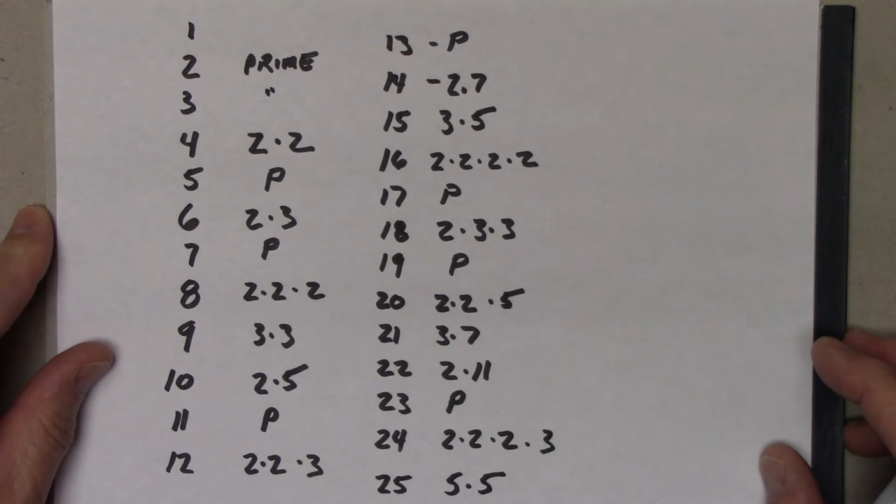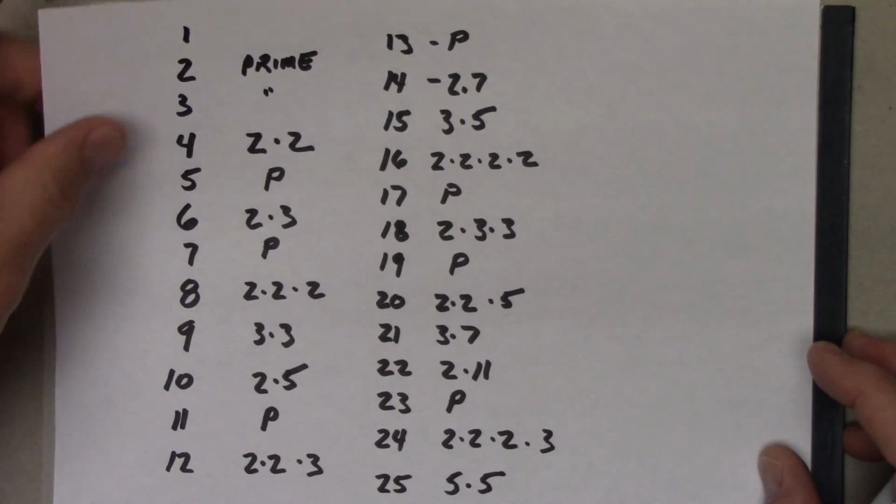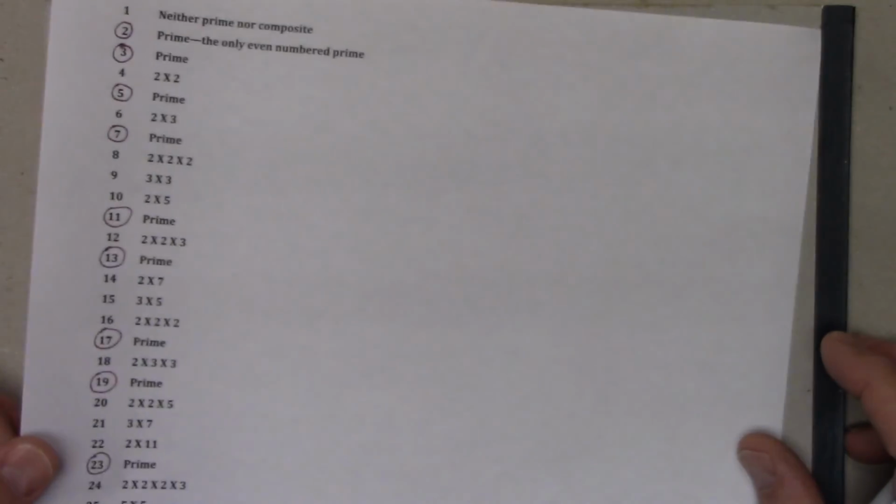It would really, really help you if you will memorize these, because most fractions we work with don't often go beyond 25ths. Just in case you can't read that one, here's another one.